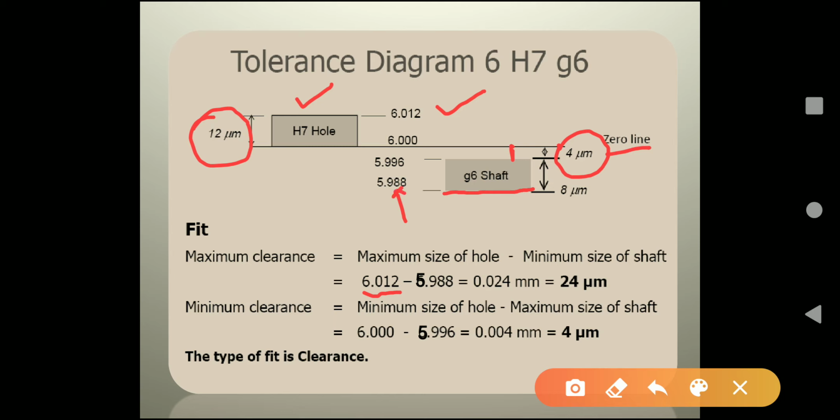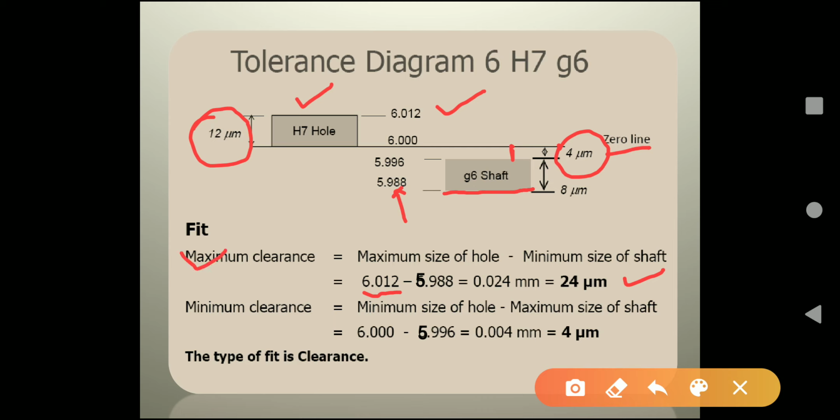So it becomes 0.024 mm, that is 24 micron. So between the upper limit of the hole and the lower limit of the shaft, the difference is 24 micron, sorry. So we can calculate the maximum clearance like this.